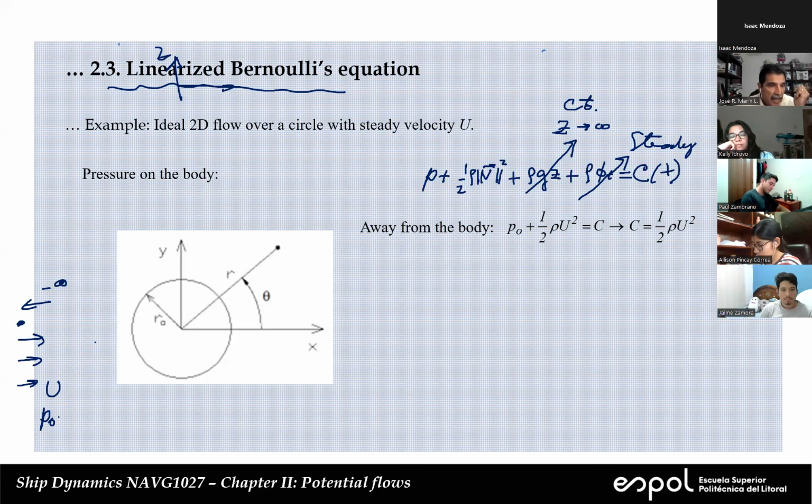Let's take this value simply equal to 0, and we neglect that. And the velocity is simply equal to u. So the constant will be simply 1/2 rho u squared.